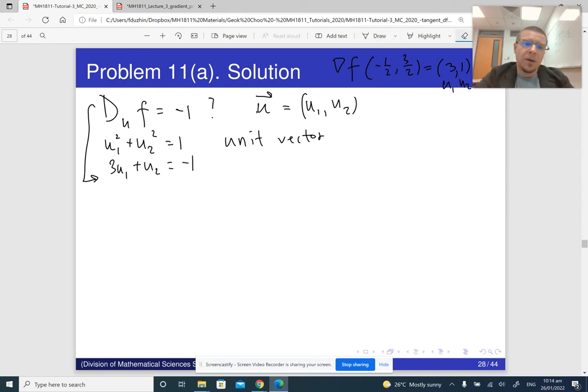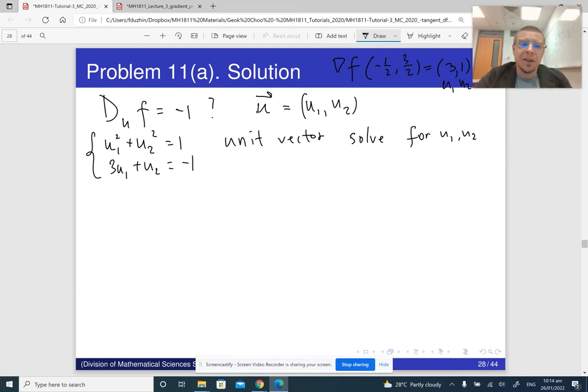Right, and what we have here is a system of simultaneous equations, and we just need to solve it for u1 and u2. All right, so how do we do this? Well, I guess the usual course of action is just to express u1 or u2 from one of the equations and substitute into the second equation.